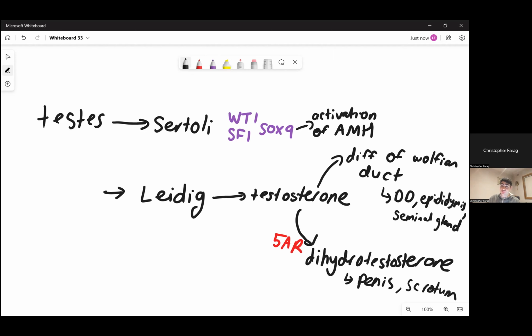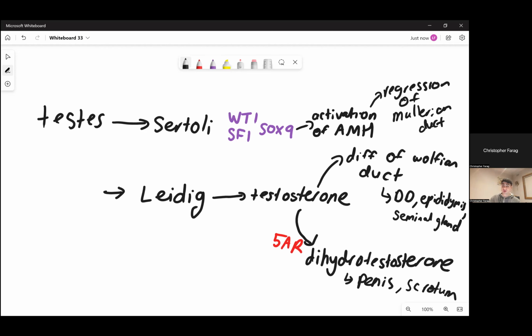Whereas in the male, we don't want those structures. We want the Müllerian duct to regress. So we produce anti-Müllerian hormone. Hopefully this makes sense, okay? And that causes regression of the Müllerian duct. Awesome. And so now we should have our primary sex characteristics done, okay?